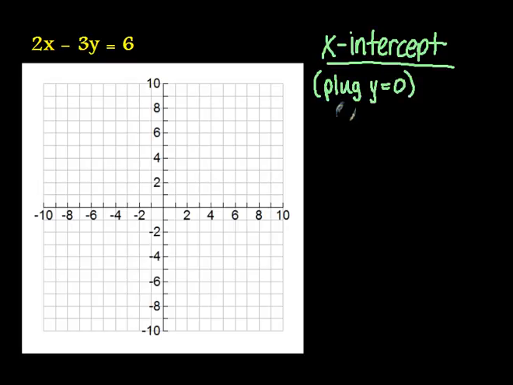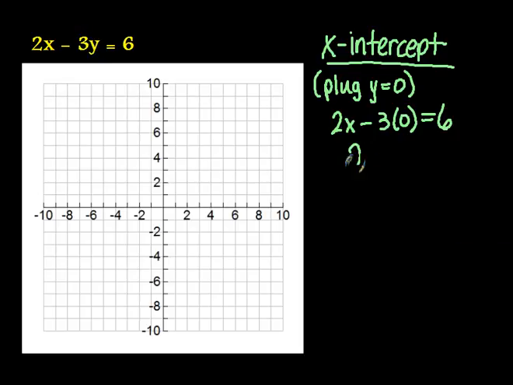So that makes my new equation 2x minus 3 times 0 equals 6. Well, here's where it gets so easy: if I have 3 times 0 here, it's just 0. And I really don't have any particular reason to even write this. It's almost like it just disappears.